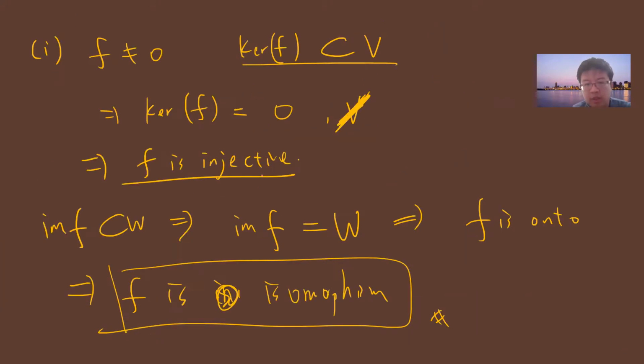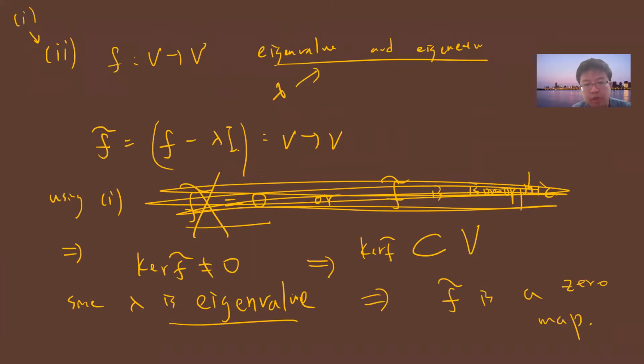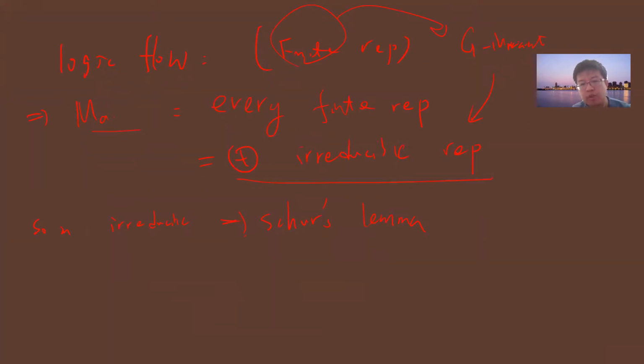So from here you just notice that if two irreps are different, they can be the same vector space but with different group representations, then the only G-linear map from V to W is 0.